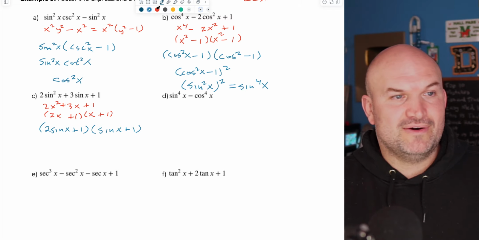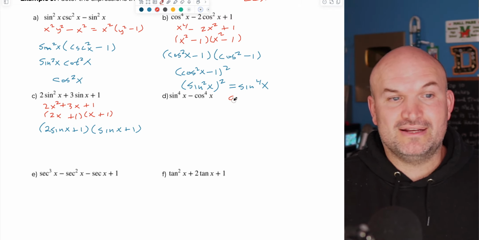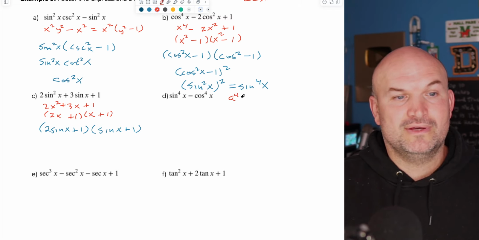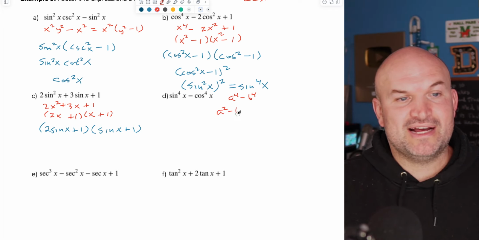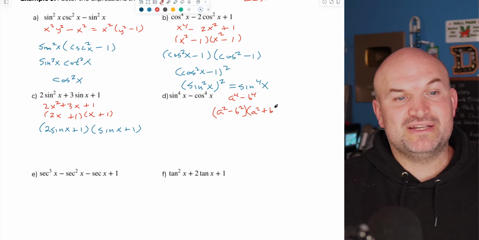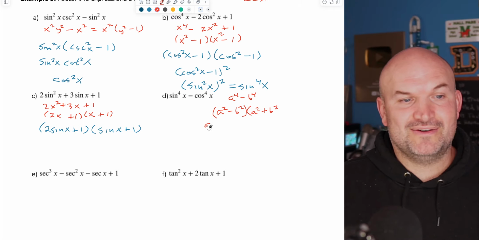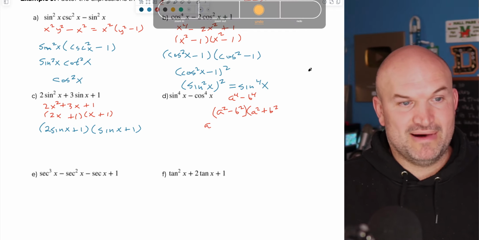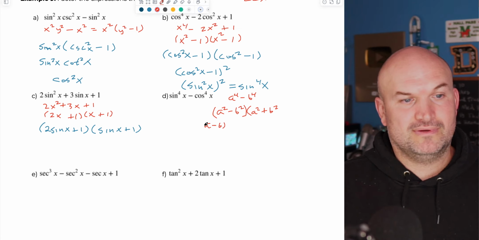Over here, think again about difference of two squares. A to the fourth minus b to the fourth can be factored into a squared minus b squared times a squared plus b squared. The first factor can be factored further into a minus b times a plus b.